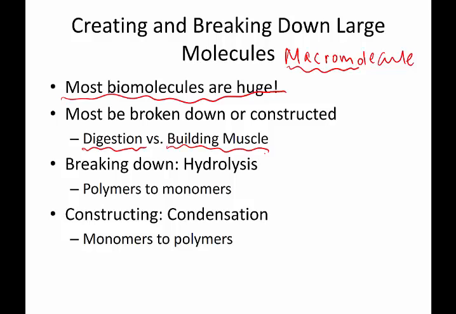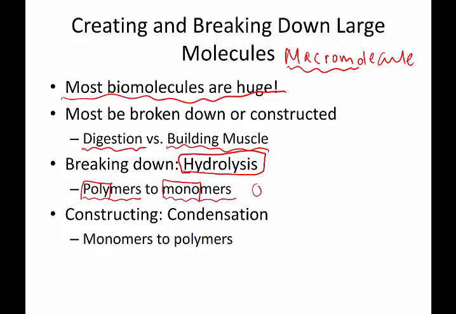So the technical term for breaking down a macromolecule or biomolecule is hydrolysis. So this is a very important word. So this is taking polymers and breaking them down into monomers. So knowing your prefixes here is very helpful. So poly means many, mono means one.